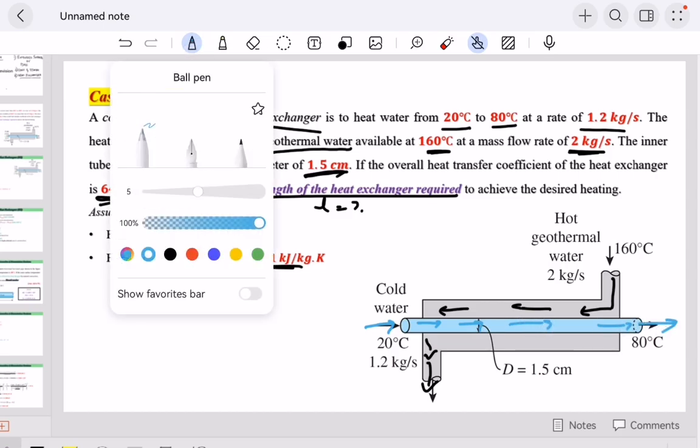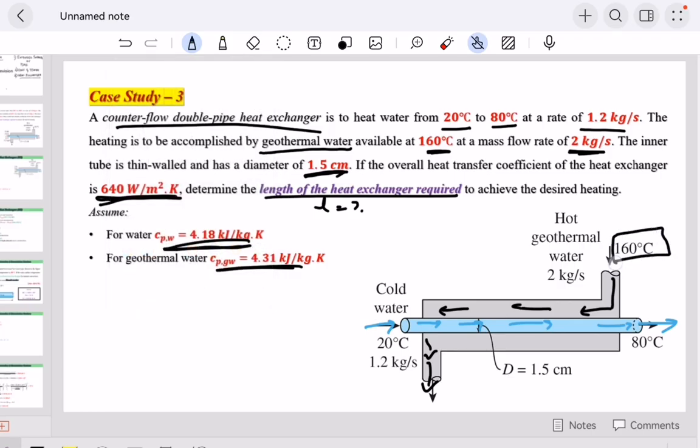Now you can see that the temperature of hot water in is given to us, but the temperature of hot water out, geothermal water, is unknown. We don't know the temperature that is coming out here, whereas the temperature for cold water in is given and cold water out is also given, right? So this is the given data. So let's try to summarize the given data.